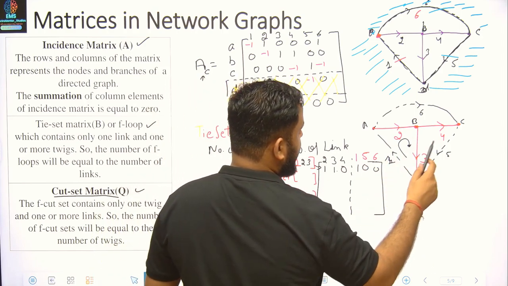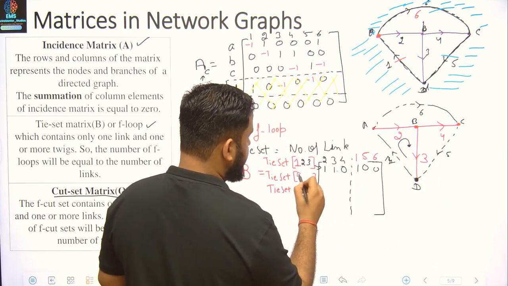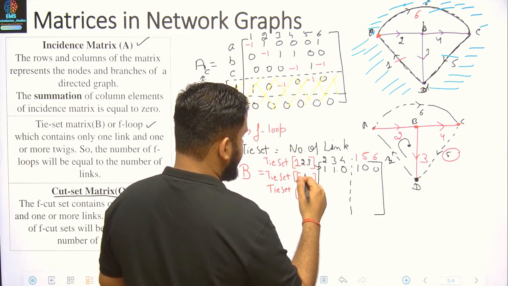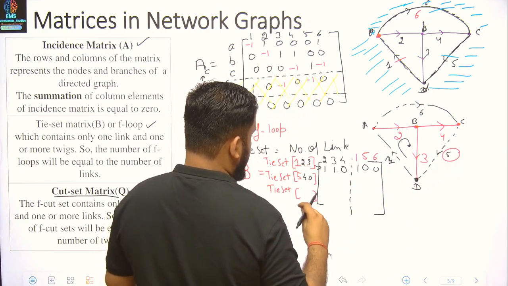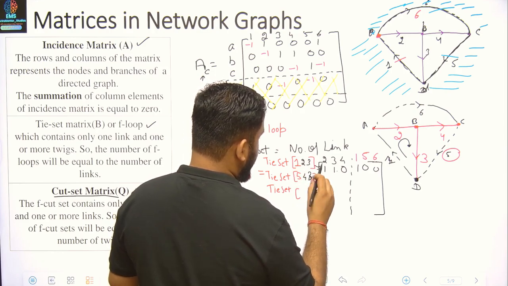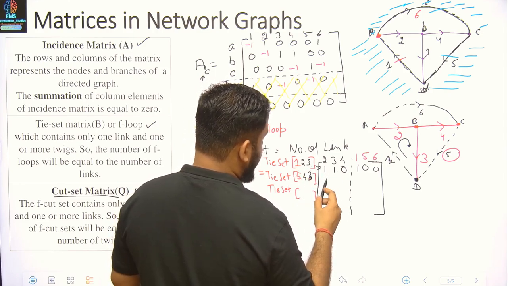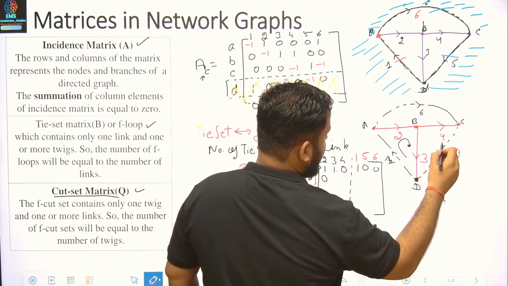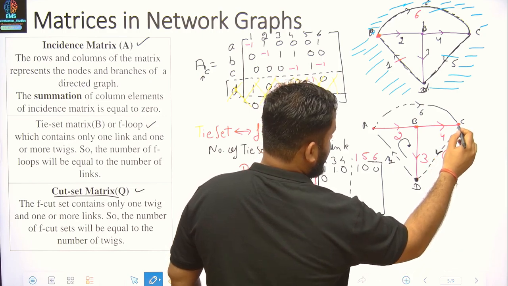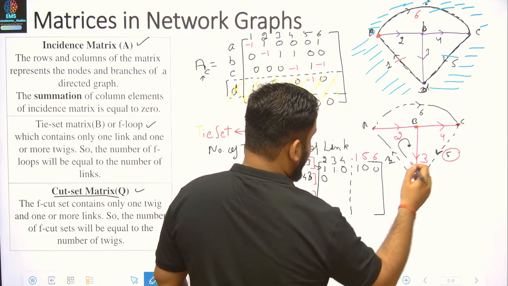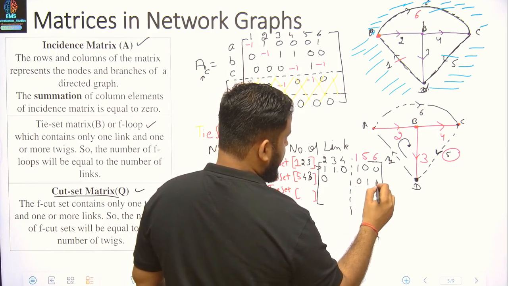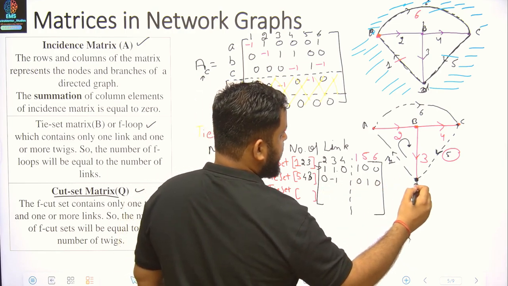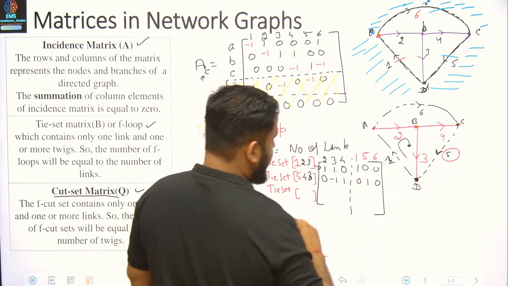So the next tie set would be 5, 4 and 3. If it is 5, 4 and 3, then 2 will automatically be 0. Let us start with this. We have a direction of the current according to 5. Let us start with this C. So 5 will be in favor, 3 going against, 4 in favor.